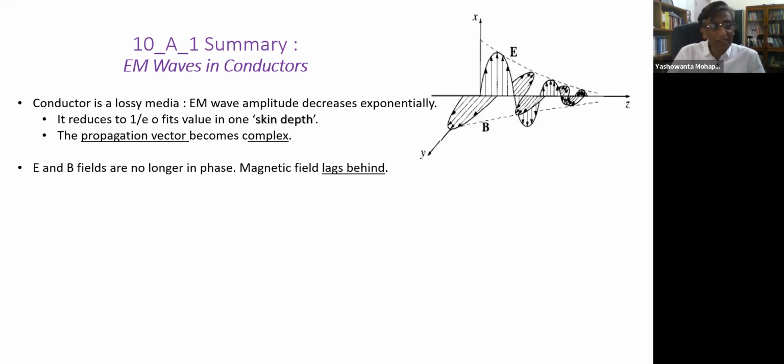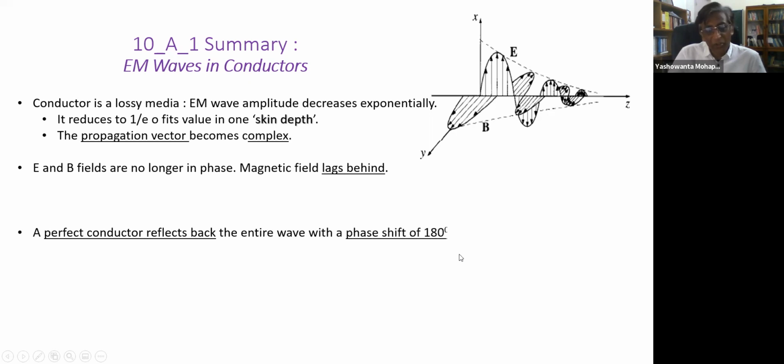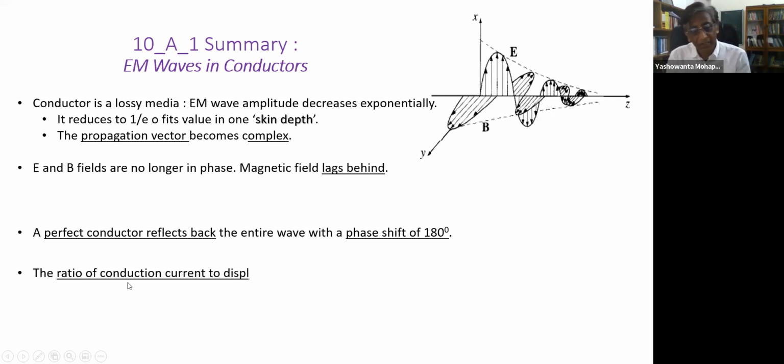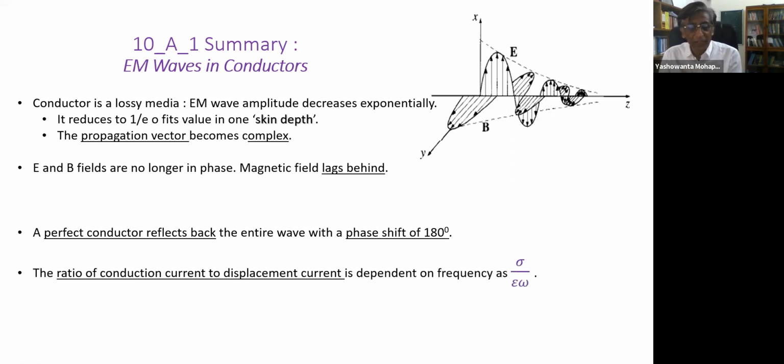The consequences of this are many. A perfect conductor, as we saw, reflects back the entire wave with a phase shift of 180 degrees. The ratio of the conduction current to displacement current depends on frequency as sigma by epsilon omega. That's a learning from looking at EM waves in conductors.